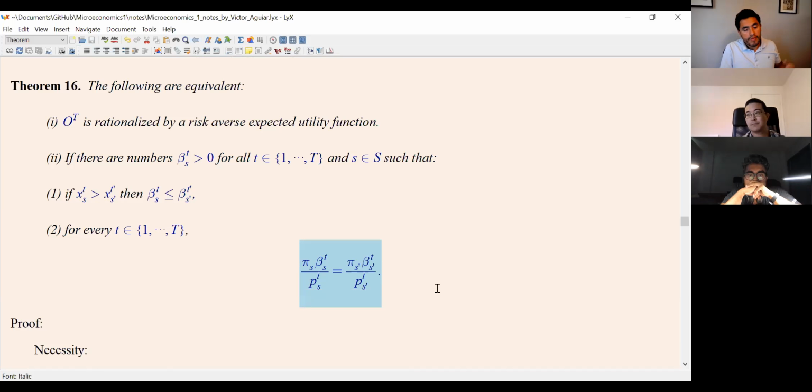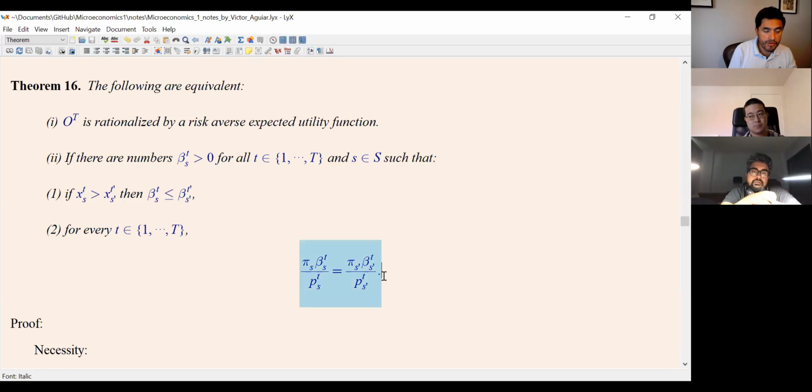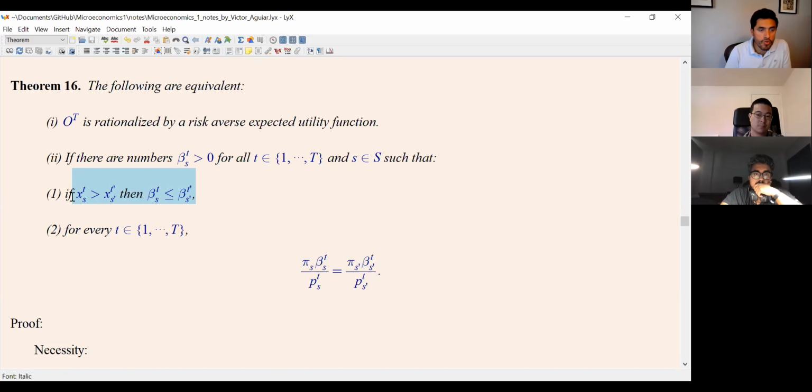So what is the problem telling you? What is the data here? You have prices, right? You have consumption here, XT, XS, and you have these beta numbers. So you're looking for betas that satisfy these first order conditions, and then such that satisfy these inequalities, right? So it's a system of equalities here and inequalities here, and then together they will give you a system that will have a solution if and only if your data comes from maximizing an expected utility with risk aversion.